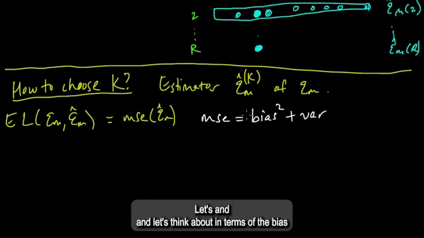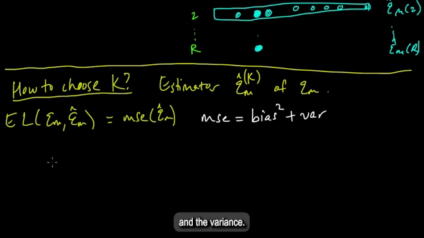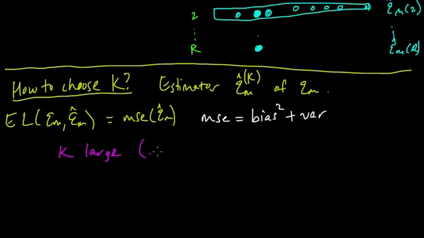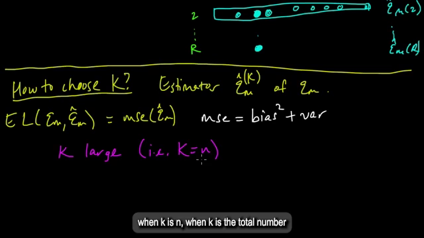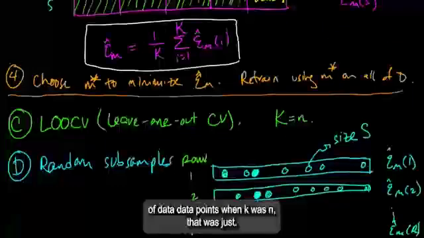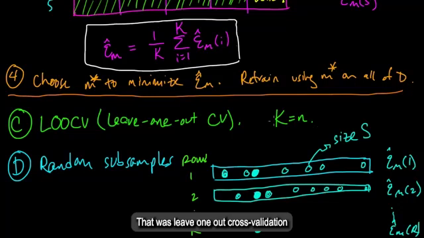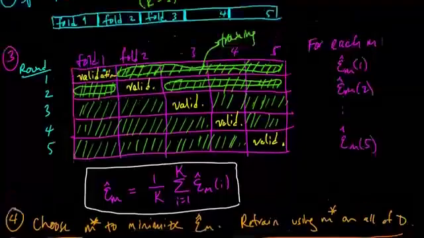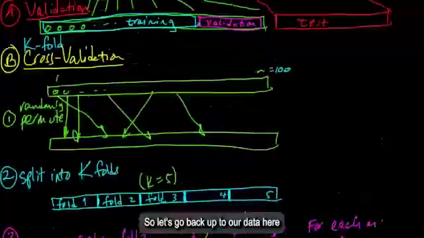So let's think about how we're going to choose this, in terms of the bias and the variance. What makes sense? Let's think about what happens when k is large, for example when k is n, the total number of data points. When k was n, that was leave one out cross validation. In leave one out cross validation, let's go back up to our data here.